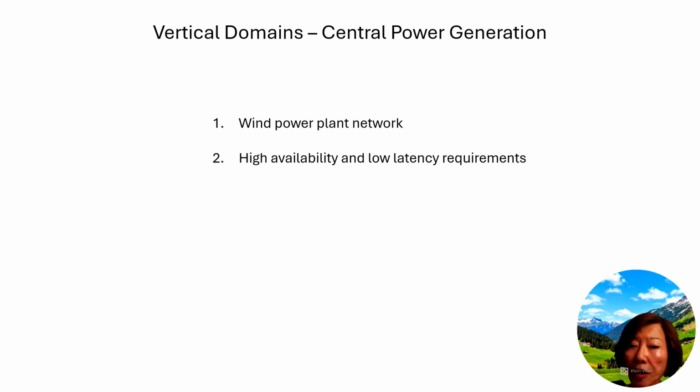For operation in harsh environments, 5G equipment designed for these applications often includes ruggedized hardware with enhanced protection against environmental factors like extreme temperatures, humidity, and salt spray, since they might be installed in the ocean. The system also employs advanced link adaptation techniques that can maintain connectivity even in challenging radio conditions such as during storms.